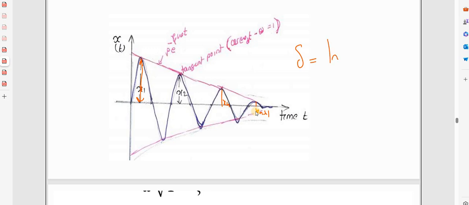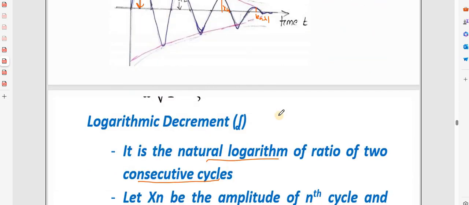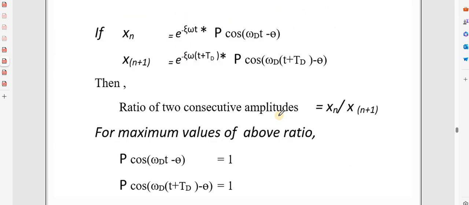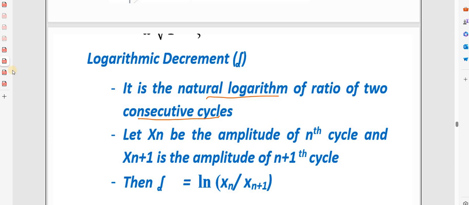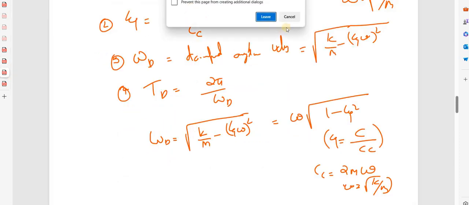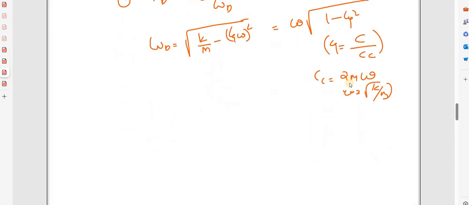It is not log, natural logarithm we are taking. So that is another term which we have introduced today, logarithmic decrement, the fifth term, delta.